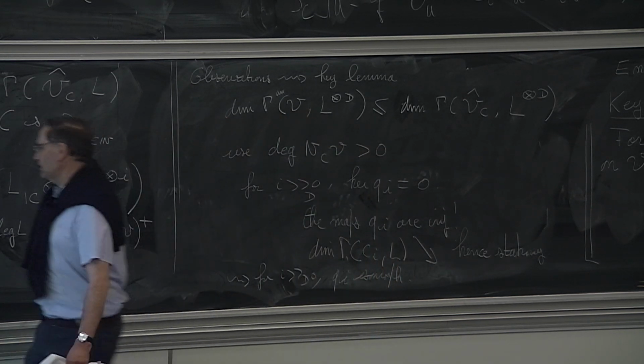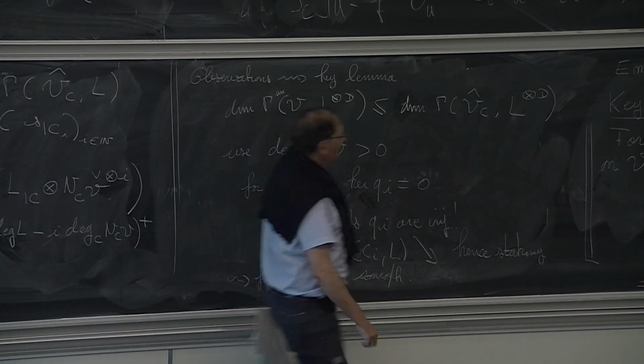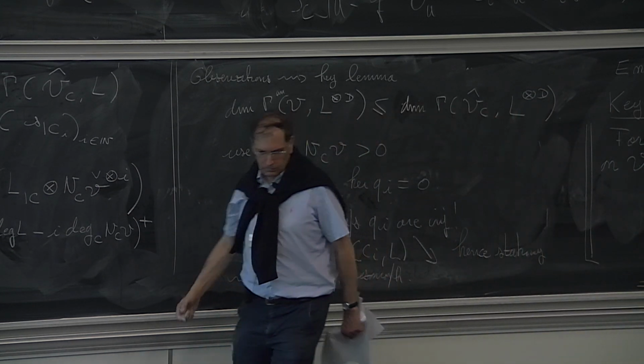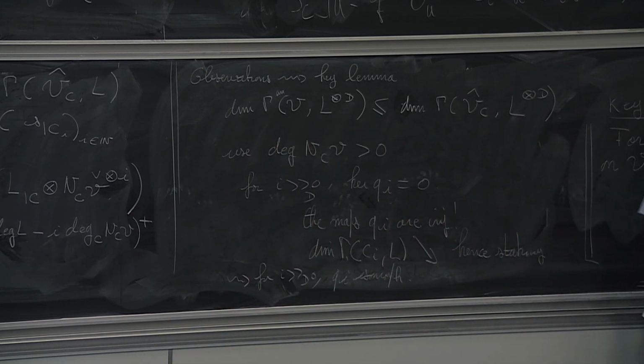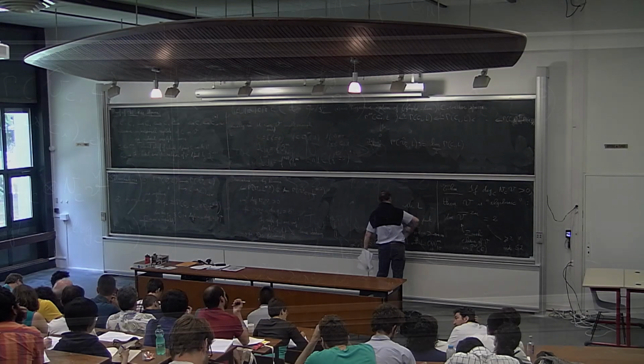And you see, at the end of the day, that the projective limit may be identified with the space gamma Ci L for i very large. It's a kind of stupid projective limit. It's stationary. It's an eventually constant system.